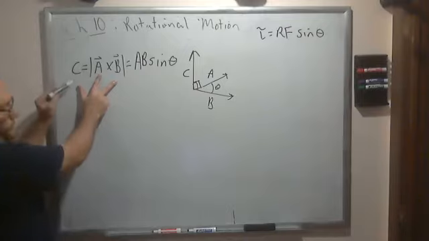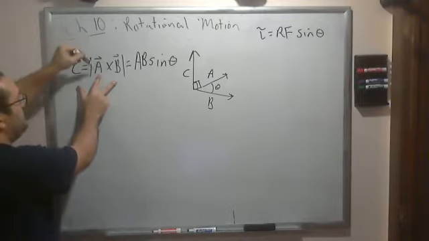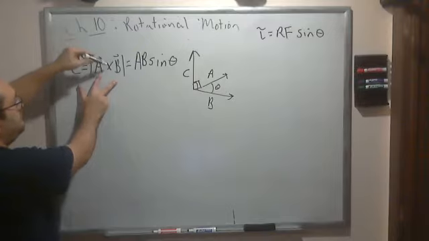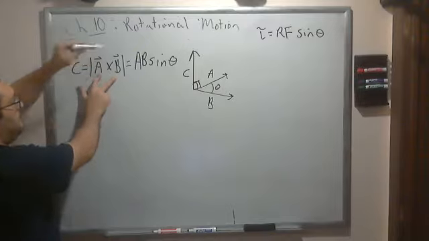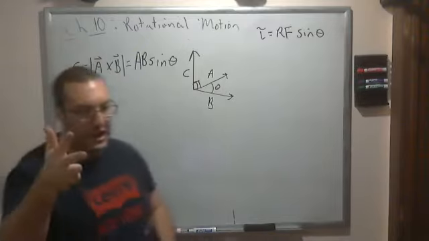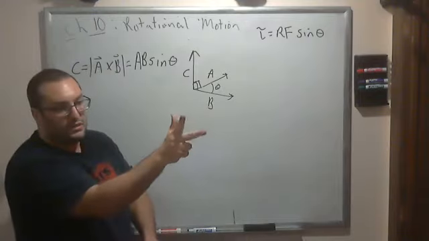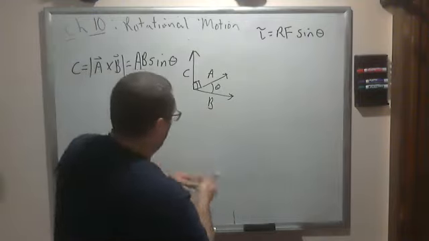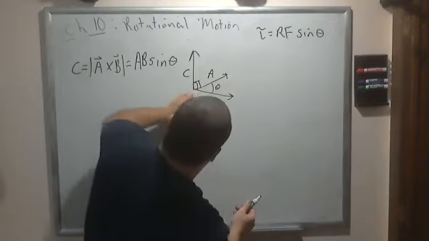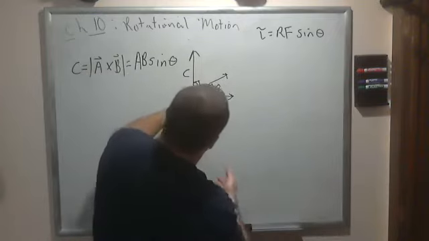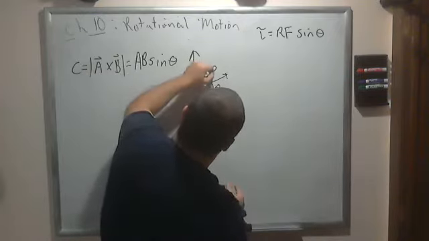My thumb represents the resultant vector. My index represents the first vector in the cross product, and my middle represents the second. Actually, I wrote these backwards. It won't work out quite like how I would want it.